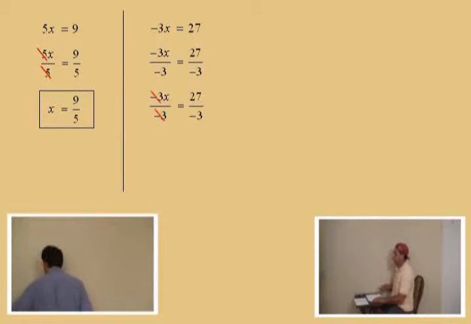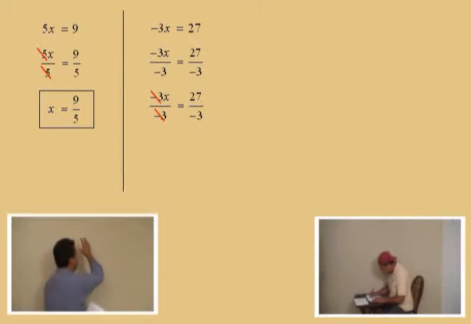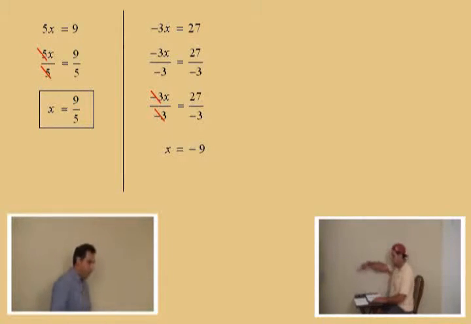Positive 1. It will be a positive 1 because those negative 3's will cancel out to give you a positive 1, because a negative divided by negative is a positive. Okay, so anyway, the right-hand side is 27 over negative 3. And finally, we get our answer, x equals negative 9. Don't forget to box your answer there, okay?